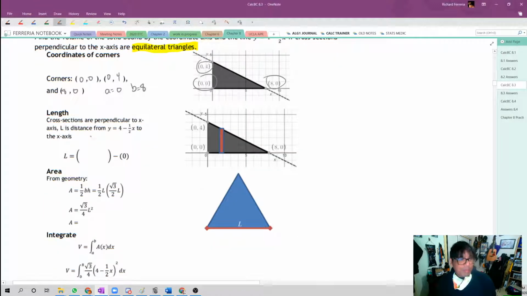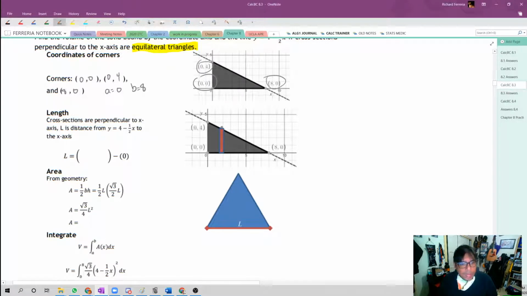Next step, the length. So the cross sections are going to be perpendicular to the x-axis. So you want to draw a line perpendicular to the x-axis from the top curve to the bottom curve. And L is going to be however long this line is. Okay, so this line is not in any particular place, so it needs to be a function of x.